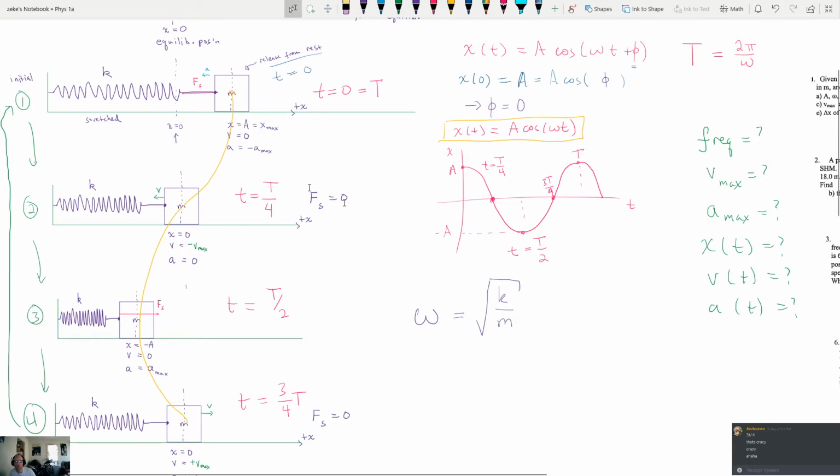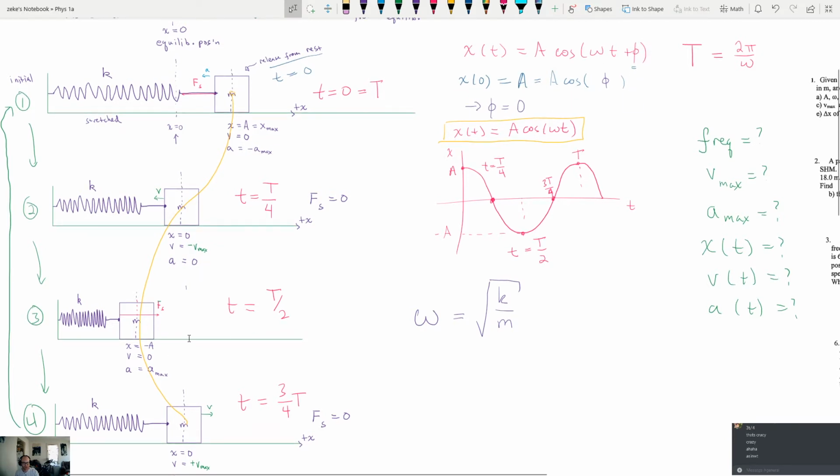What about this? What if we take the exact same system, but instead of releasing it from rest at this location here, what if we started from here? What if this represented t equal to 0 right here? How would that have changed what we did here? What would the value of phi be?